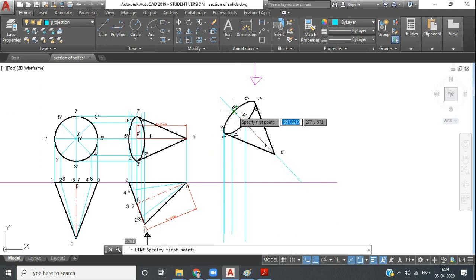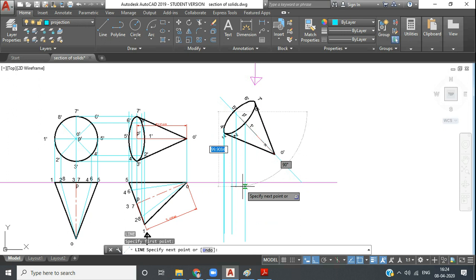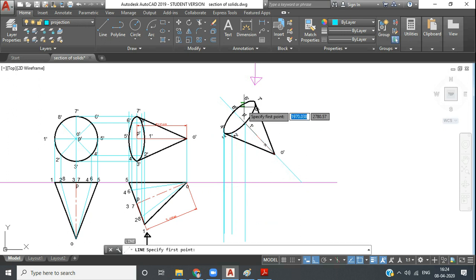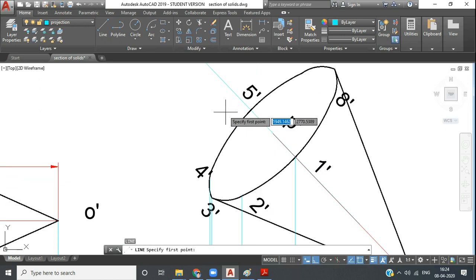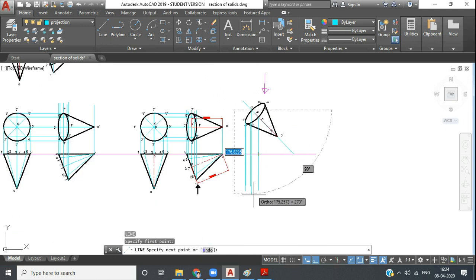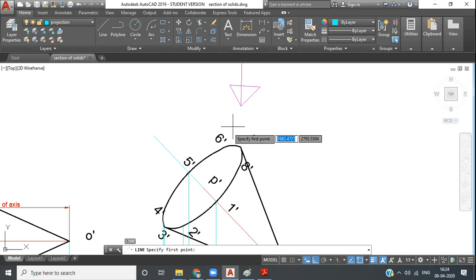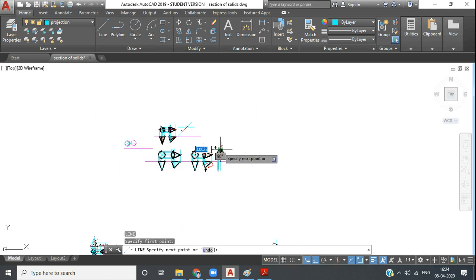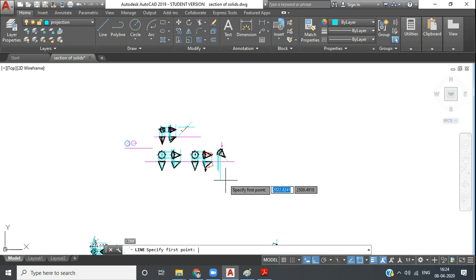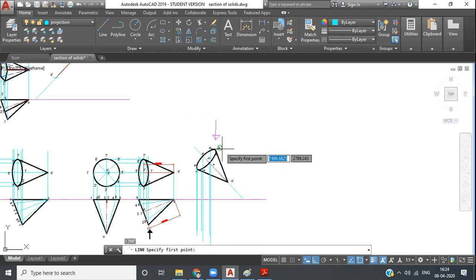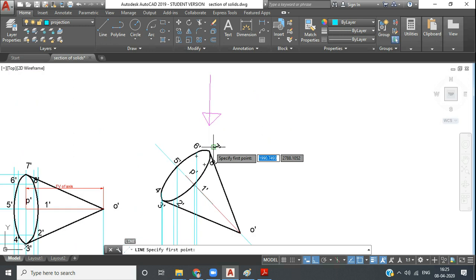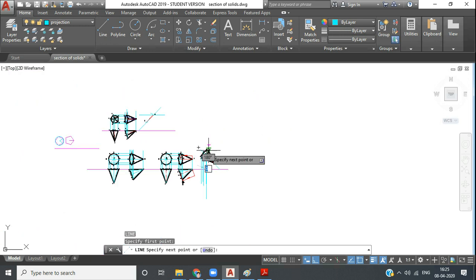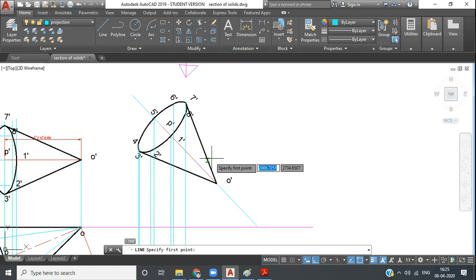Then 5, then 6, then 7. You have to take projections from every point.